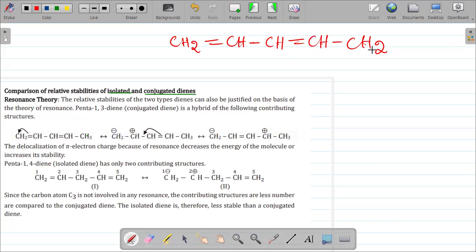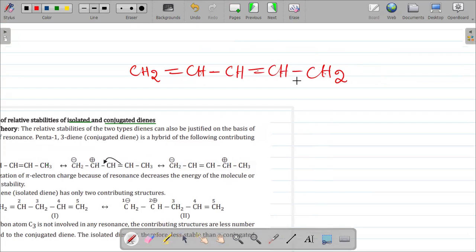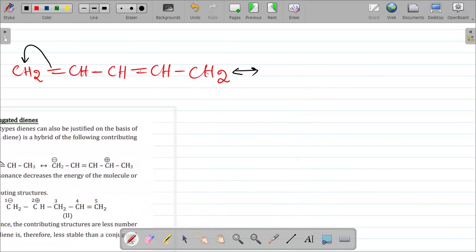So, I'm showing the resonance effect of this compound. If the double bond is present between carbon number one and carbon number two, and I shift this double bond onto carbon number one, it makes a structure like CH2 with the double bond shifted onto carbon number one.